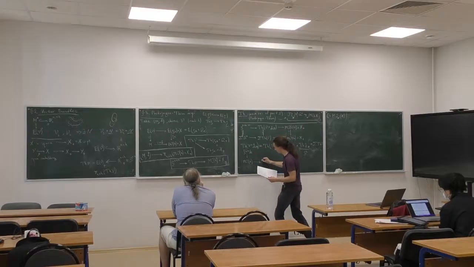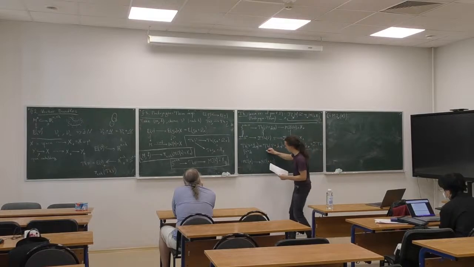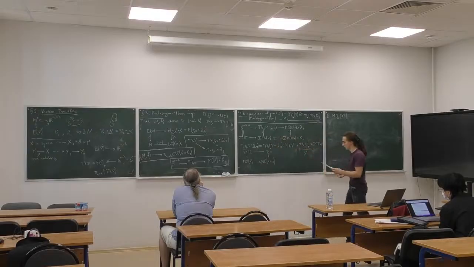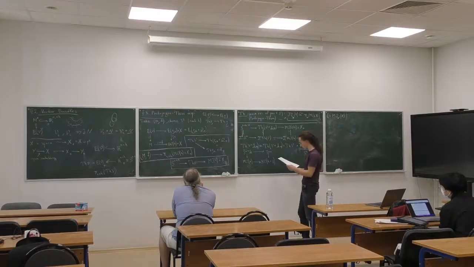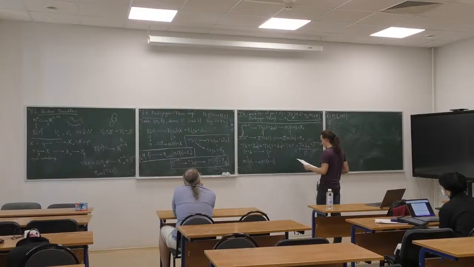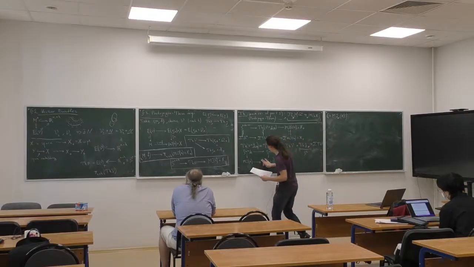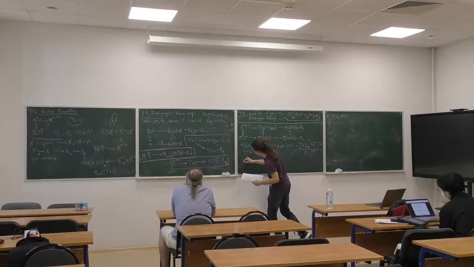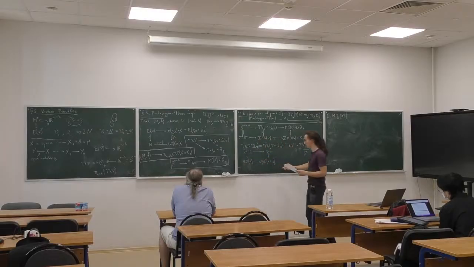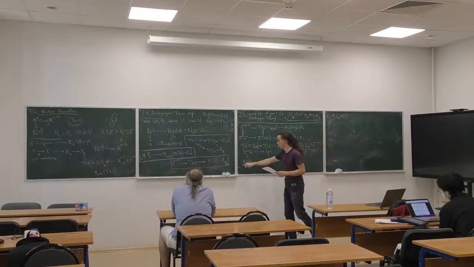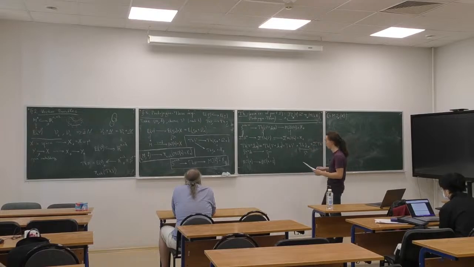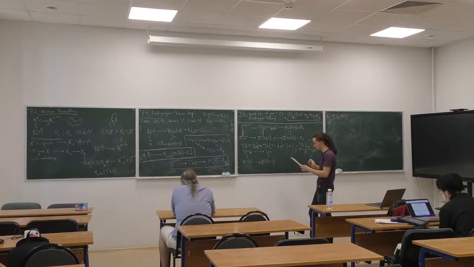So this is classified by some map to BO(k+1) and C_{k+1} here, right? This is just general theory. Sorry. The bundle C_k is over BO, and it's classified by the map to BO(k+1), not MO. This is just me messing up the notation.